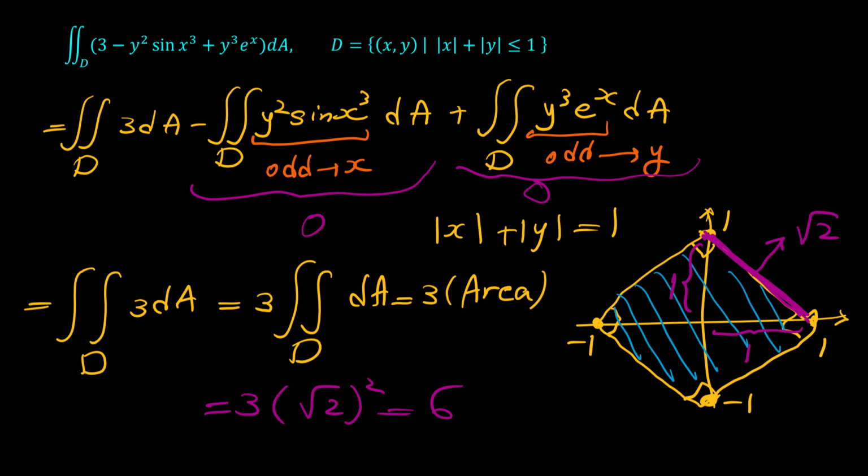We cannot find its integral based on elementary functions. We cannot write it in finite terms. So this is the only way for finding the double integral of this term over this region. You have to use the property. You don't have any other choice.